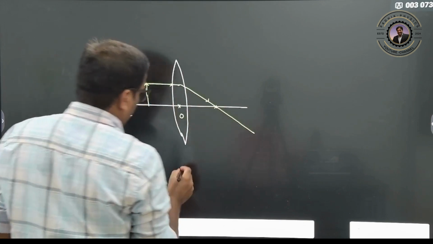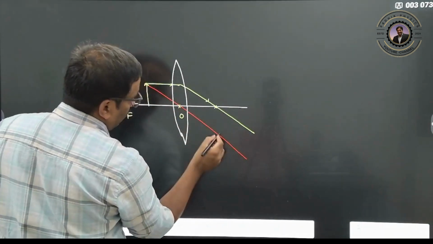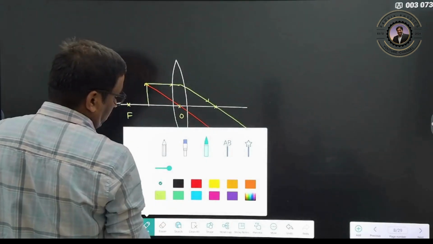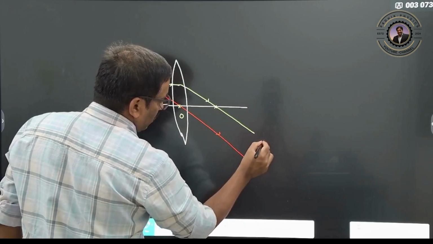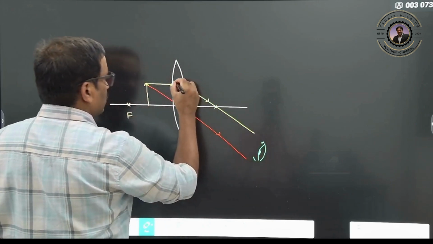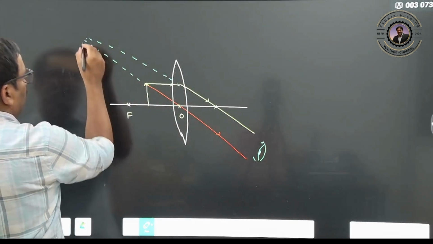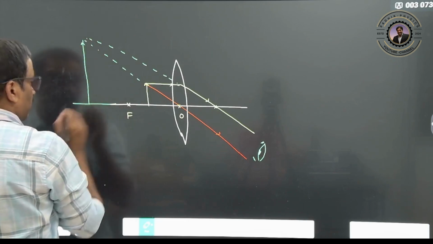Now the other light rays are diverging here. Clear? These light rays appear to be coming from here. If they were meeting at this point, this would be your final image.